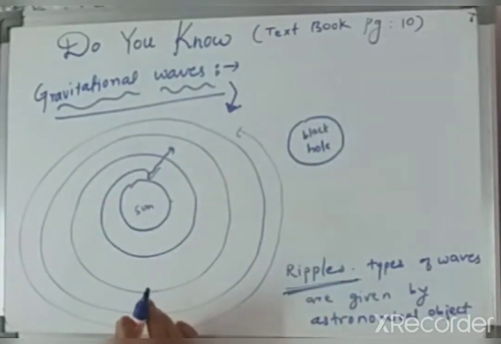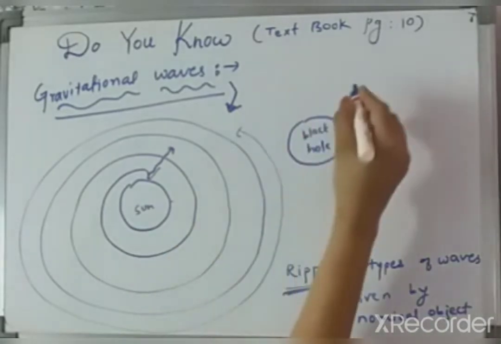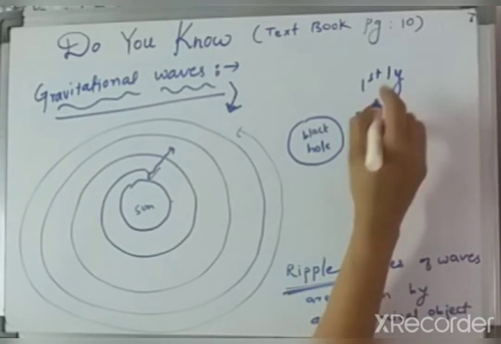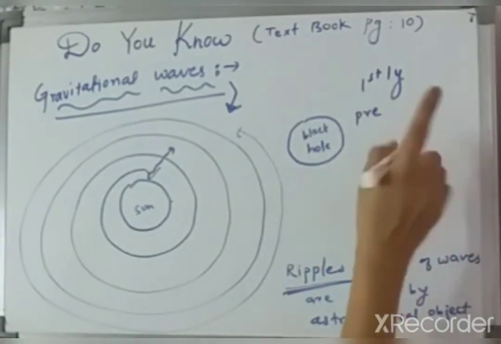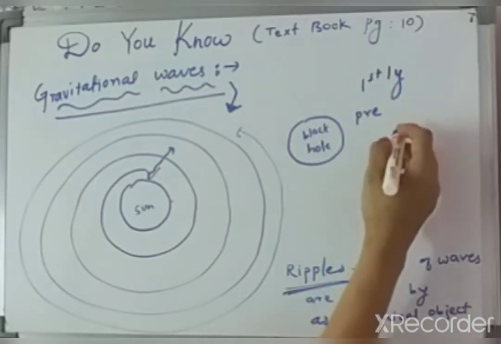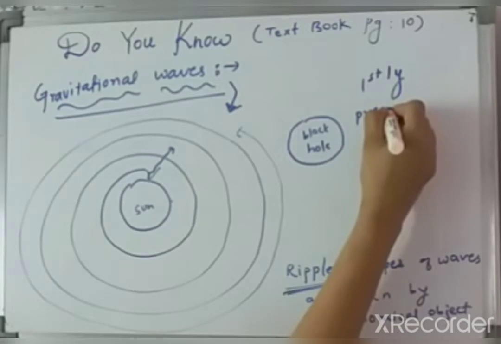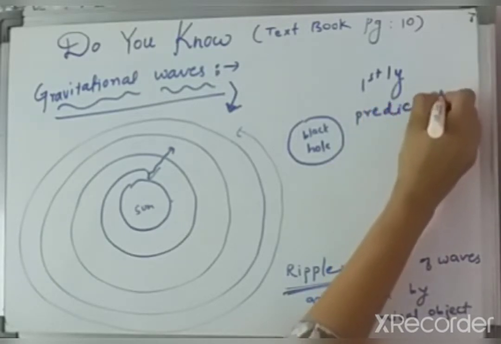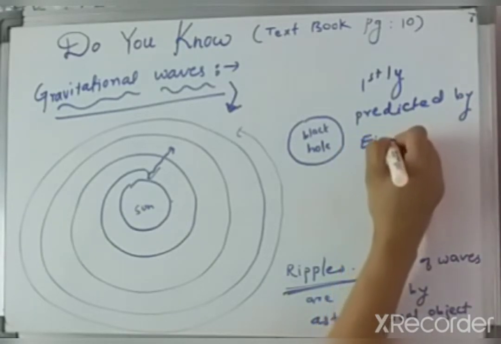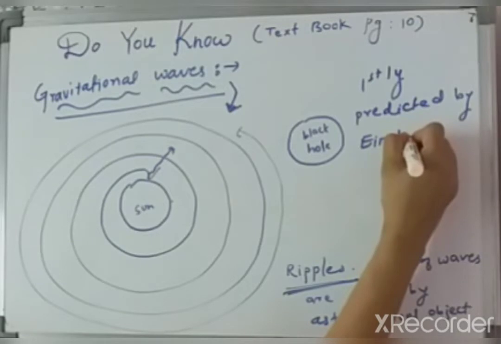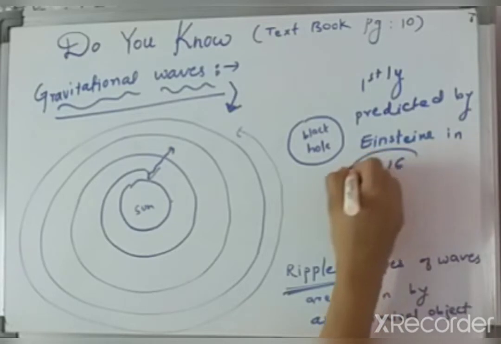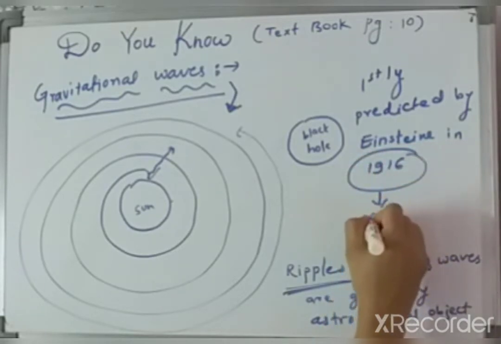So these gravitational waves are there in the whole universe. Firstly it was predicted, not proved or discovered, predicted by the scientist Albert Einstein, a very well known scientist, in the year 1916, exactly after 100 years.